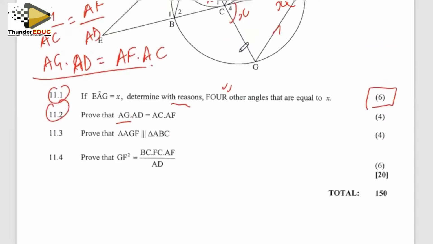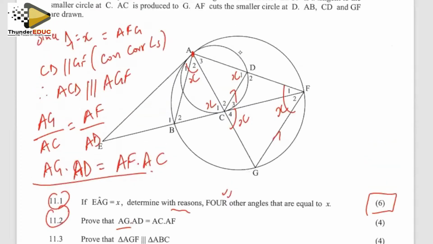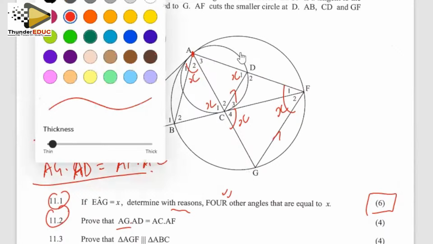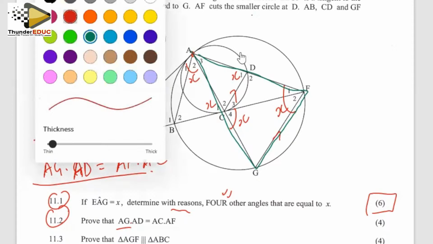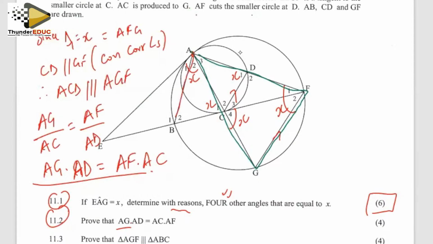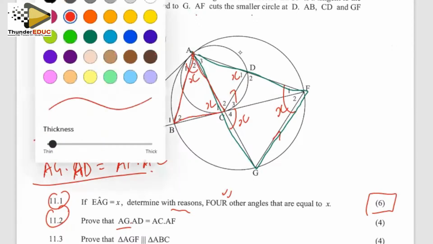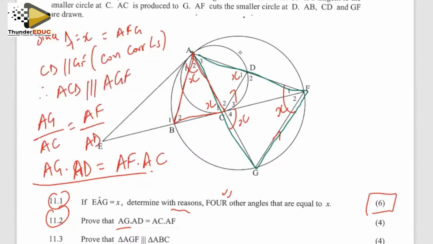Then 11.3, they want us to prove that some triangles are similar. AGF, the big triangle, is similar to ABC. Let me use this. All right, so what I can spot from the word go is I have this x here, and then I already have the x there.